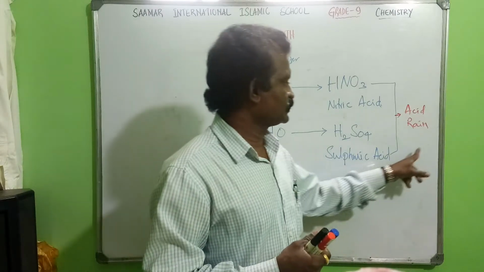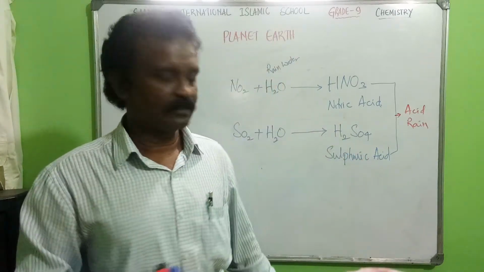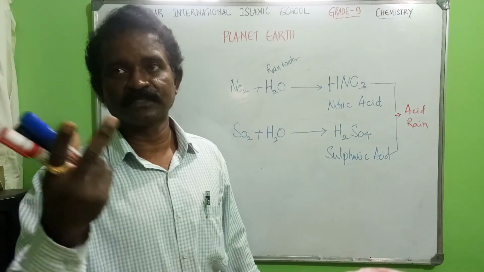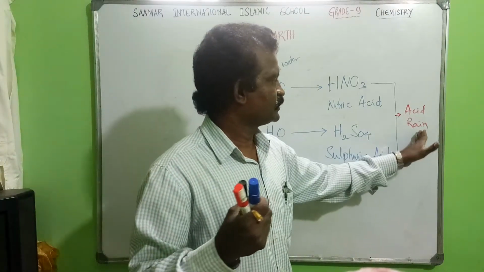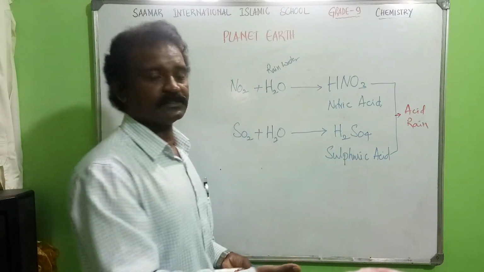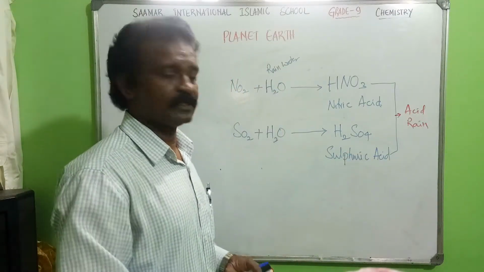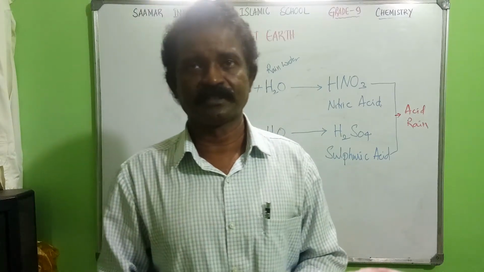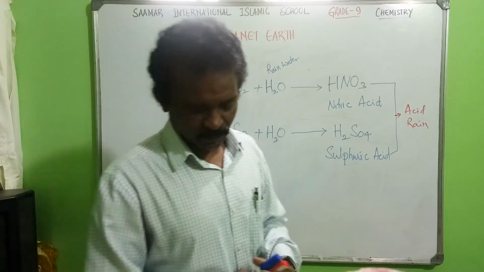When the acid rain falls on the water, the eggs will not hatch. So that is a drawback there. That means the effect of this acid rain is seen on the plants, aquatic animals, monuments. Correct. Even the soil also gets affected by this acid rain. Is it clear?